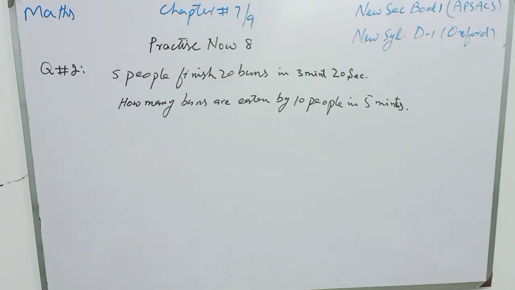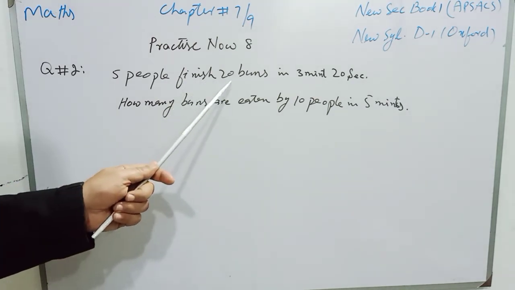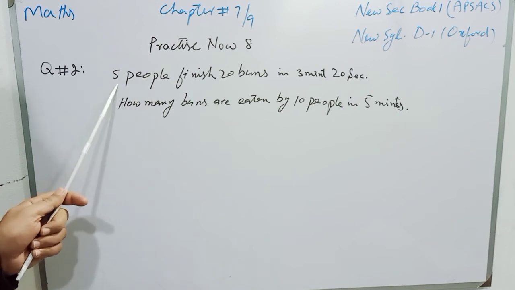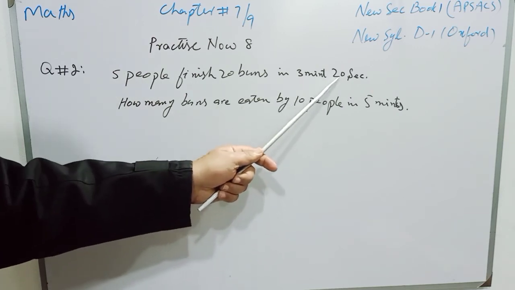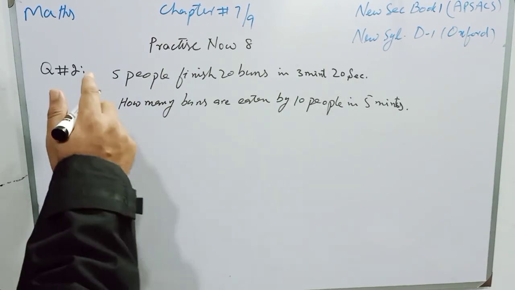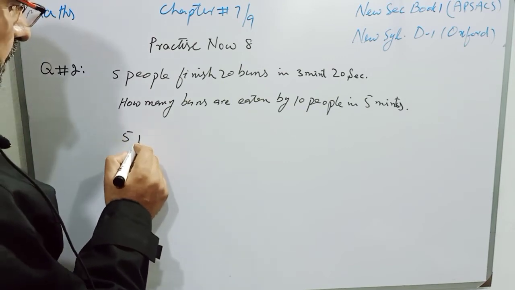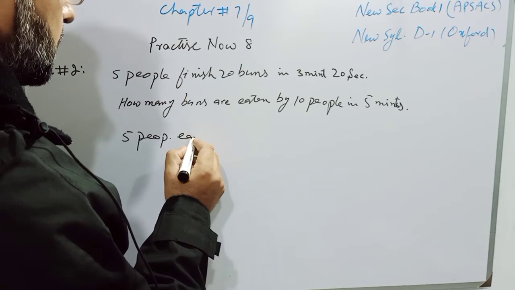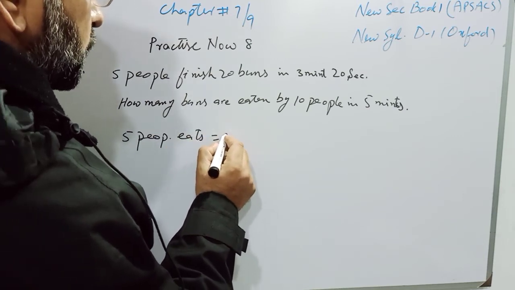So students, 5 people will eat 20 buns. So first we will write 5 people eat 20 buns.